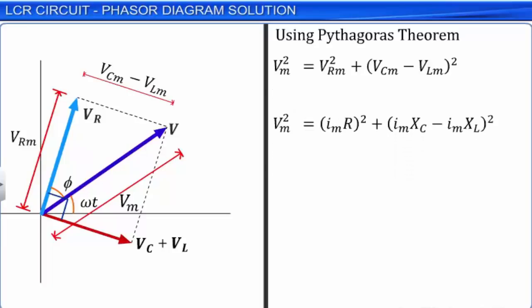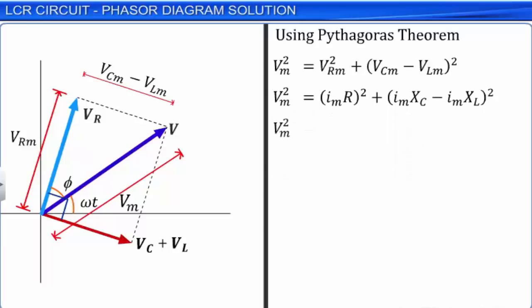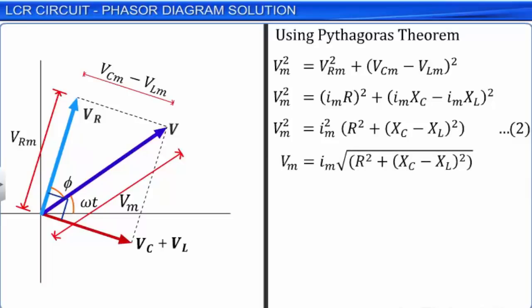Vm square is equal to Im square into (R square plus (Xc minus XL) square). Let this be equation 2. Or we have Vm equal to Im into under root R square plus (Xc minus XL) square. Now, we have Im equal to Vm by under root R square plus (Xc minus XL) square, which is equal to Vm by Z. Let this be equation 3.